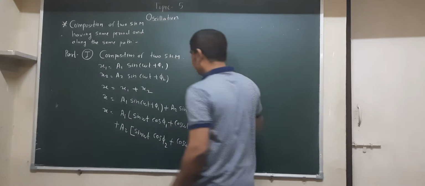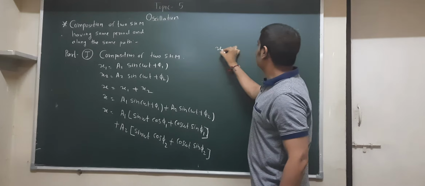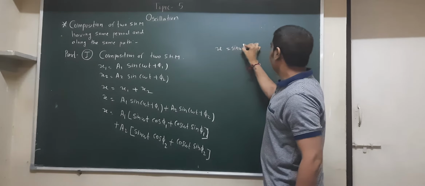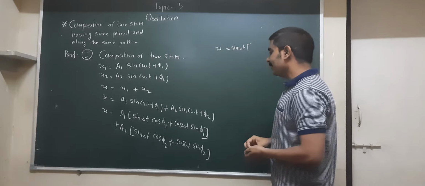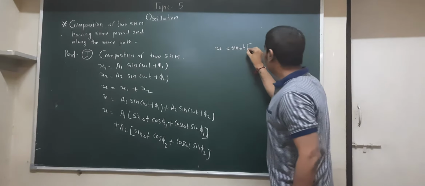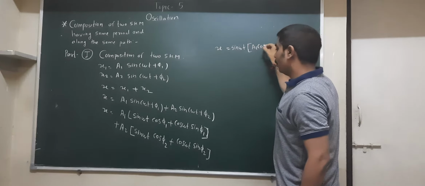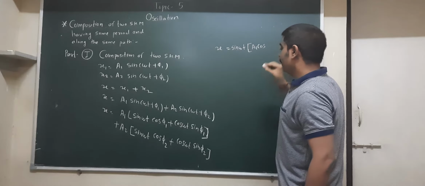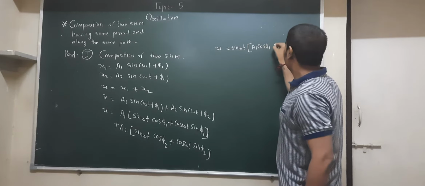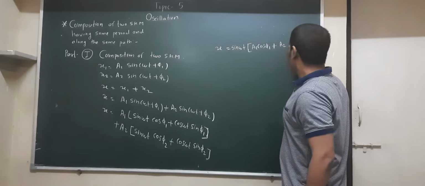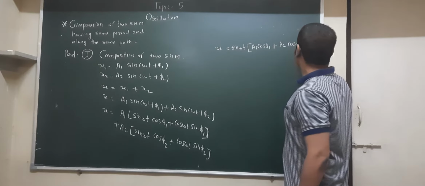So we can write this part as x is equal to, taking sin omega t as common, into the bracket a1 cos phi 1 plus a2 cos phi 2.